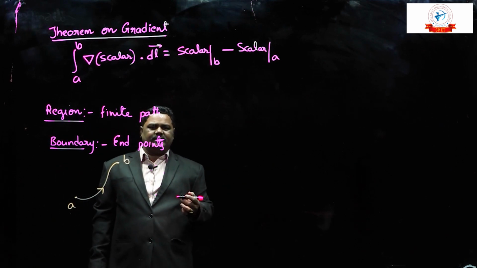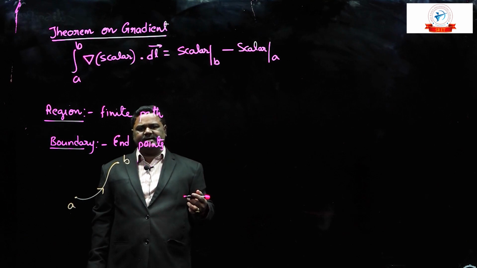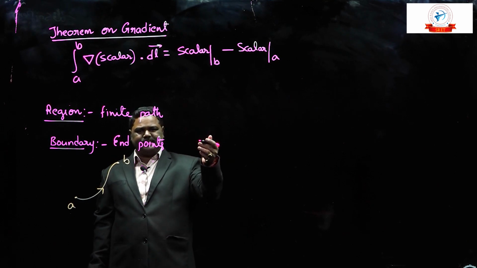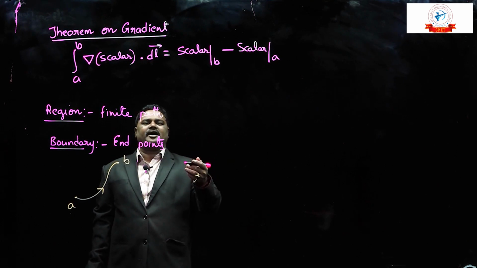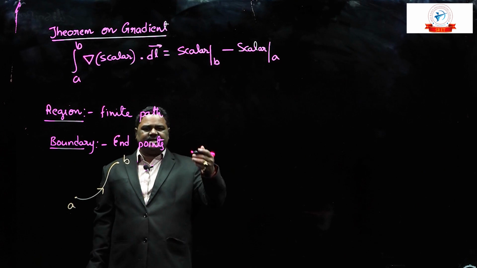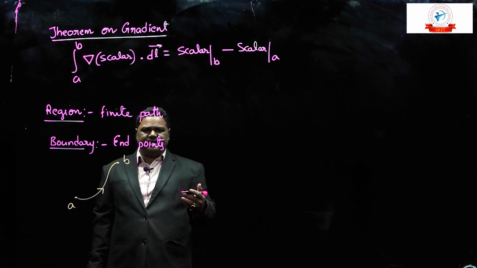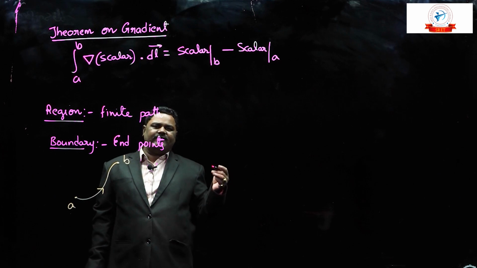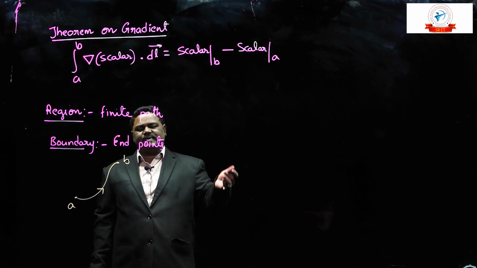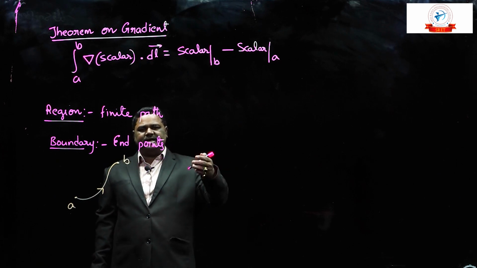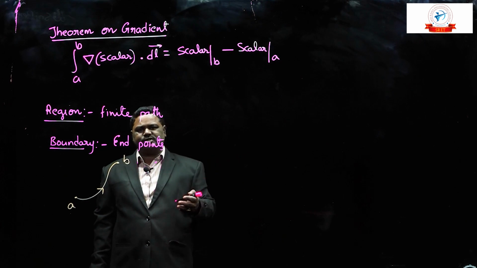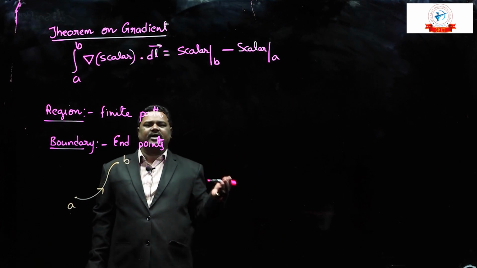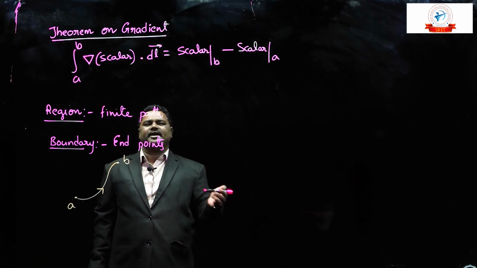By observation we say that all the three theorems, divergence theorem, Stokes theorem and theorem on gradient, give the relation between a region and its boundaries, but with the help of a vector or a spatial differentiation. The divergence theorem uses the divergence operation, the Stokes theorem uses the curl operation, and the theorem on gradient uses the gradient operation.